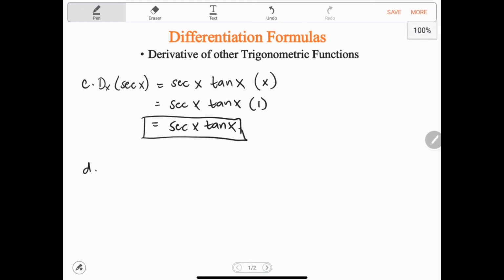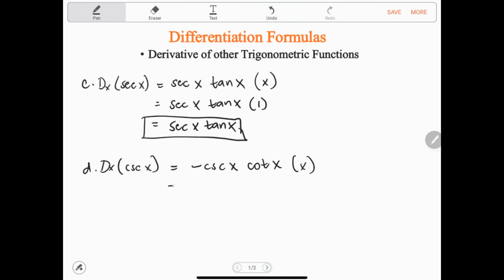Next example. The derivative of cosecant x is equal to negative cosecant x times cotangent x multiplied by the derivative of x.